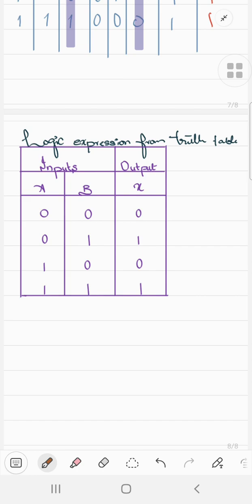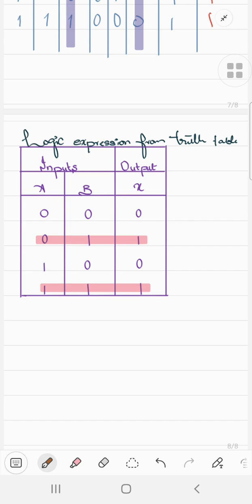Now when we have to make a logic expression from the truth table, first thing that you need to highlight is the outputs. Firstly, you'll highlight any output which has the value 1, and you have to highlight the entire horizontal row. For example, here we have 1, we're going to highlight this entire thing. Here we have 1, we'll highlight the entire thing.